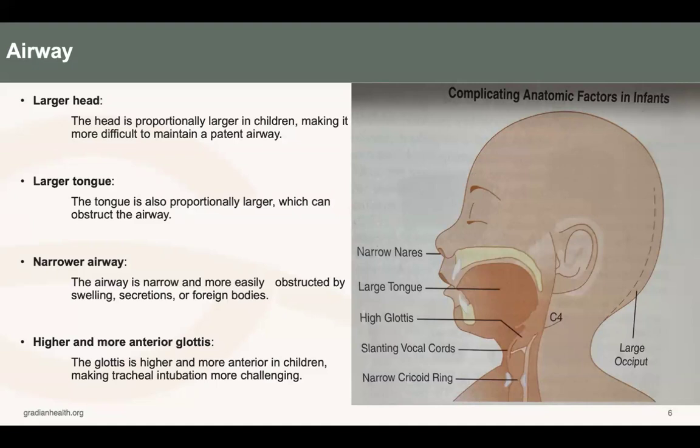In addition to this, because they are immature, they are growing up, so their airway is actually narrow as well. So basically the trachea and the rest of the respiratory tree where air passes, it's narrow. And what this means is that any form of obstruction, even just minimum obstruction, easily completely closes the airway.